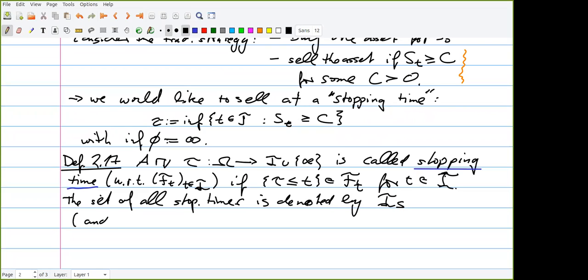And since we work most of the time with the set T, let me also introduce T_S if I is equal to T.